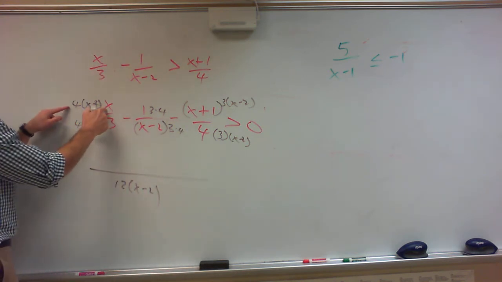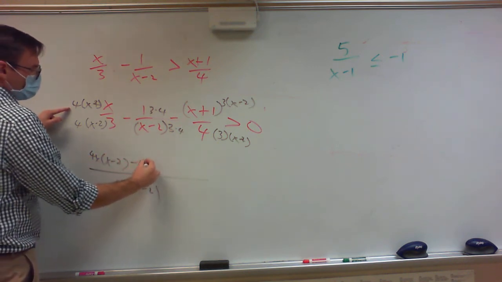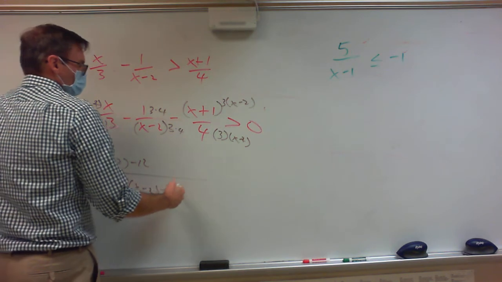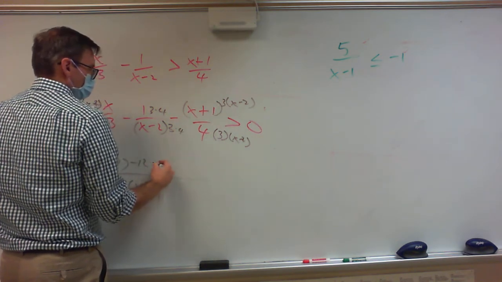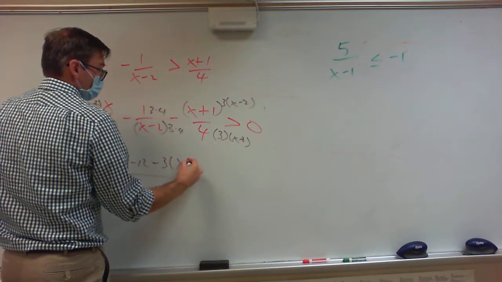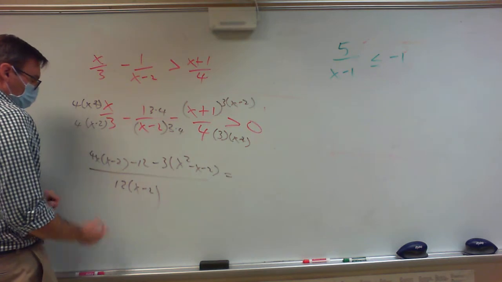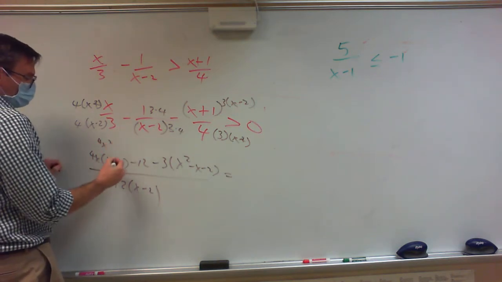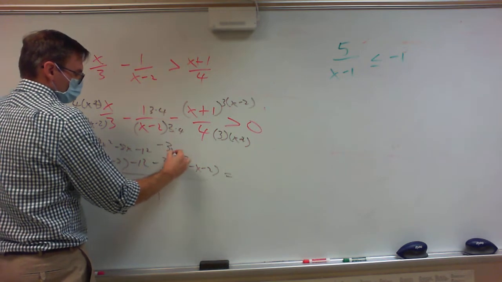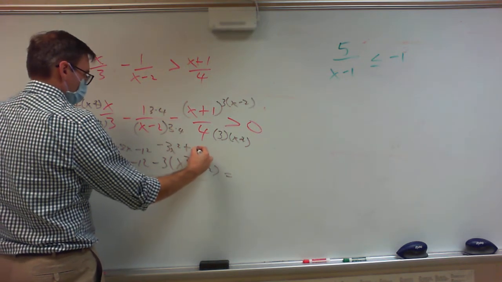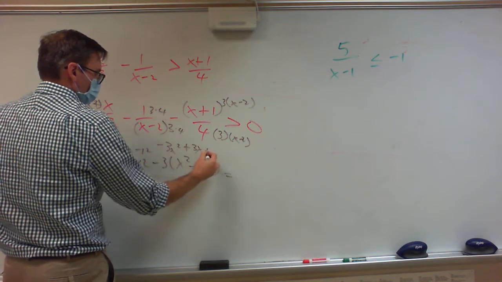And on the top, let's see, that's a 4x times x minus 2 minus 12 minus, let's see, minus 3 times x squared minus x minus 2, which is 4x squared minus 8x minus 12 minus 3x squared plus 3x plus 6.